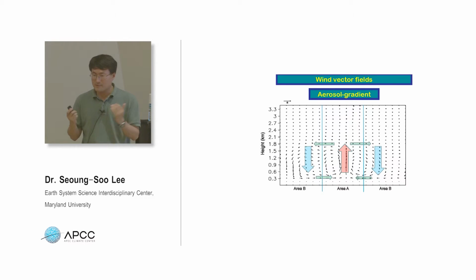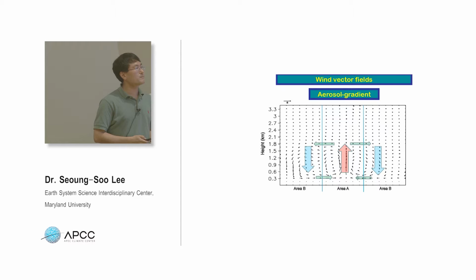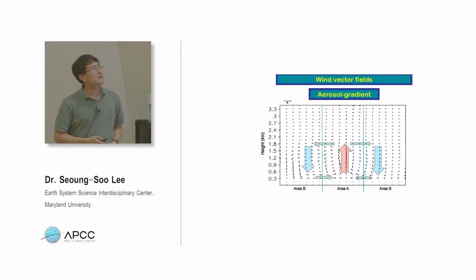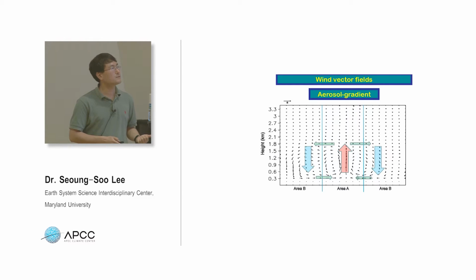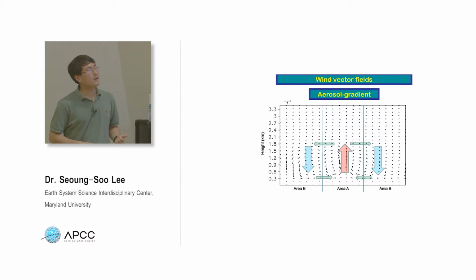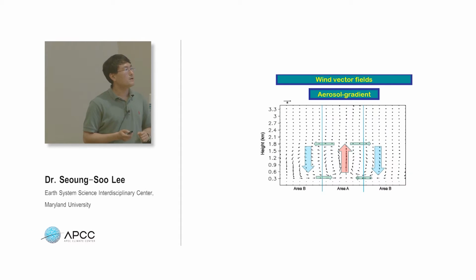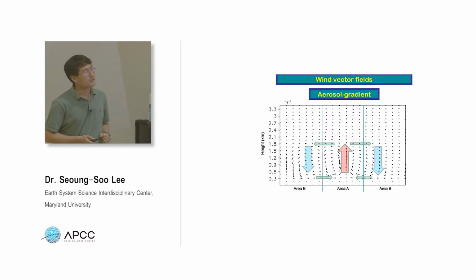Then to satisfy mass conservation, there's a convergence from area B to area A. This again induces downdraft in area B, leading to development of divergence from warm air to cold air, or from area A to area B, completing this type of circulation pattern relative to the center of the domain. The updraft in area A and downdraft in area B lead to 2 times larger LWP in area A than in area B.